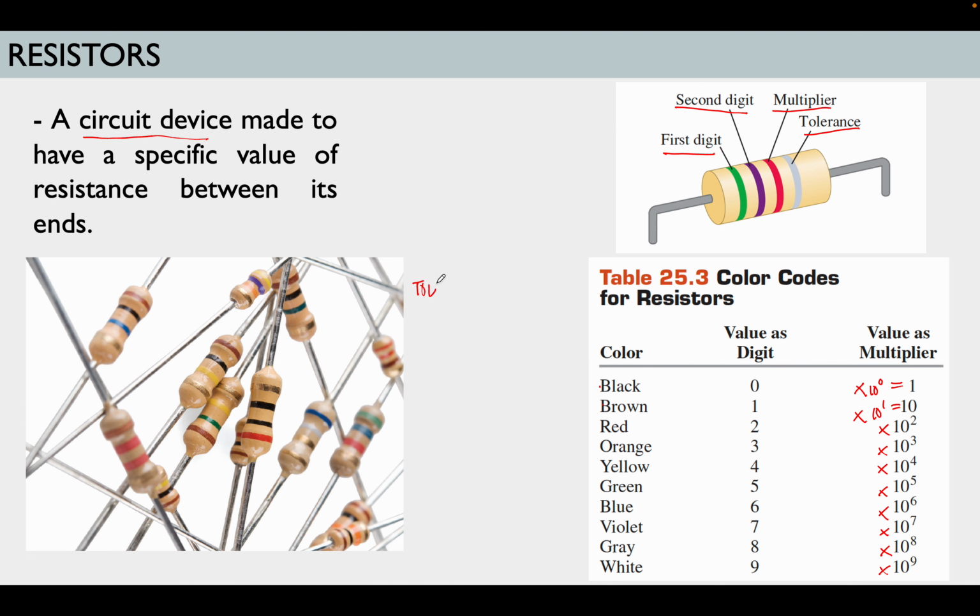Now, for the tolerance, we have only 3 options. It's either no color or no band. When we say no color or no band, it means you only see 3 colors on the resistor, so there is no fourth color. That means it's no color or no band.